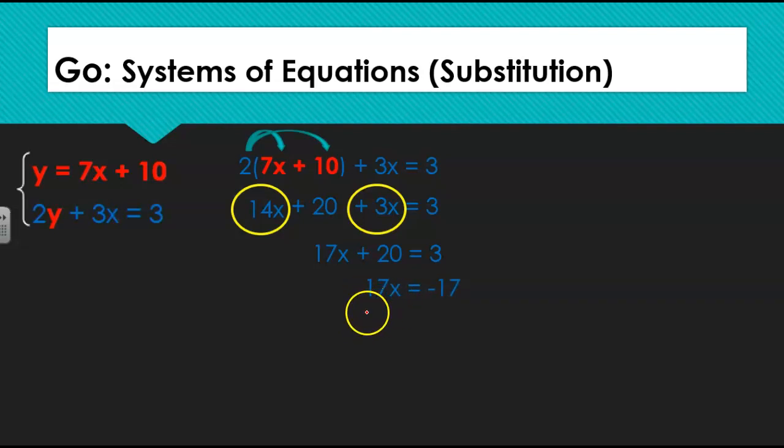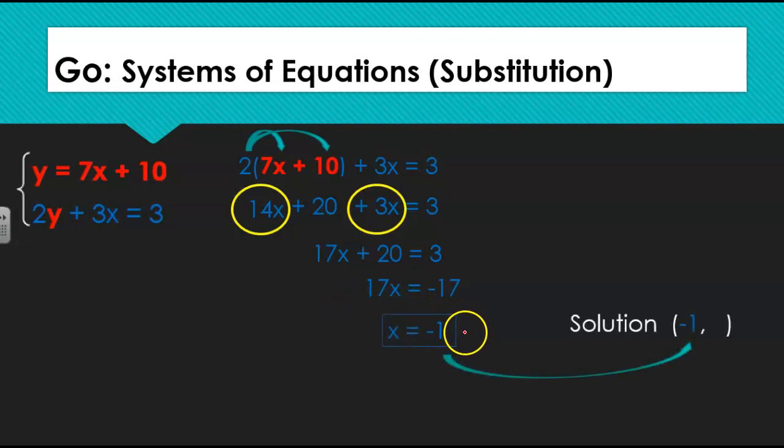Again, using the properties of equality, we're going to divide both sides by 17, and that gives us the value of x, which is the first part, or the x value of our solution to this system of equations.